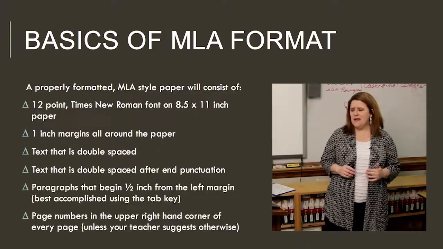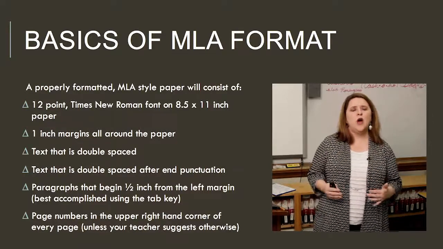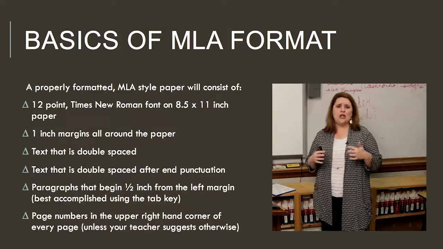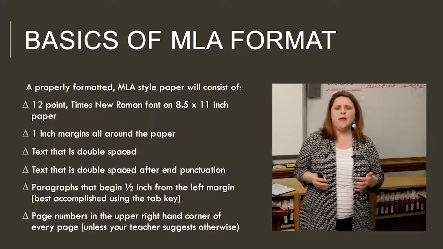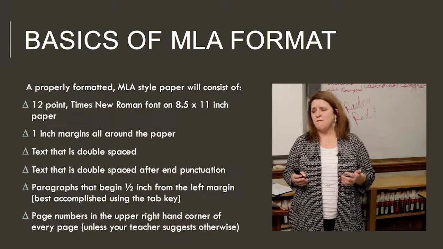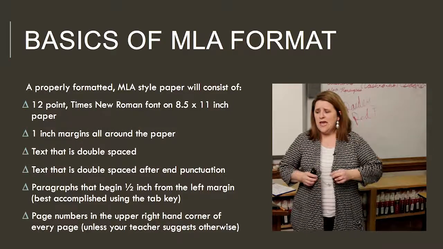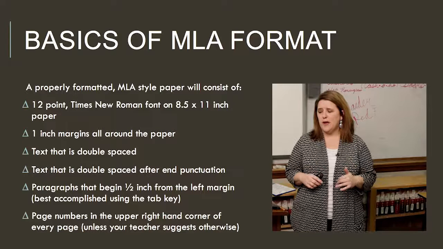The basics of MLA format are that you need to have a paper that's properly formatted with certain things included. For example, it must be in 12-point type in Times New Roman font on an 8.5 by 11 page. You need to have 1-inch margins all around your paper.